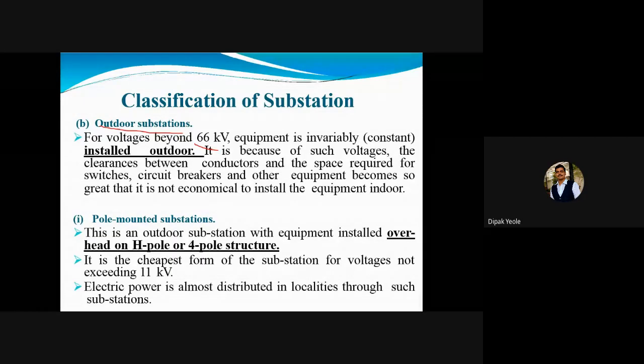But the range is also 11 kilovolt by 400 volt. It is not that only 66 kilovolt uses the outdoor substation; a substation available outside can be named an outdoor substation. This H pole is the letter H shape, and here we mount our transformer. So this is the pole mounted substation, a type of outdoor substation.